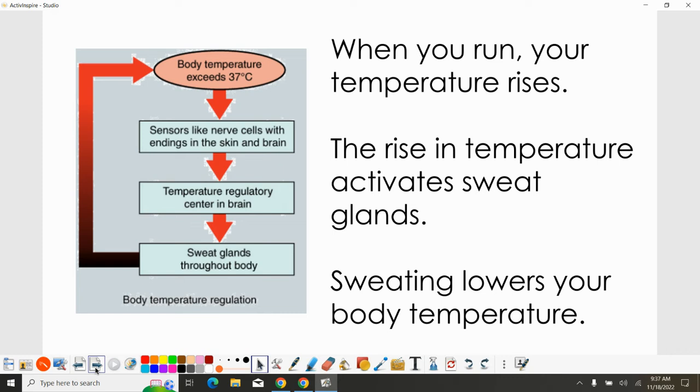That's a negative feedback loop, and it's a prime example of how our body has processes in place to maintain homeostasis, to keep us from responding too drastically to the conditions around us.